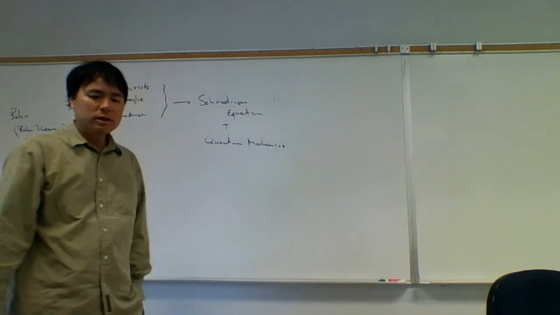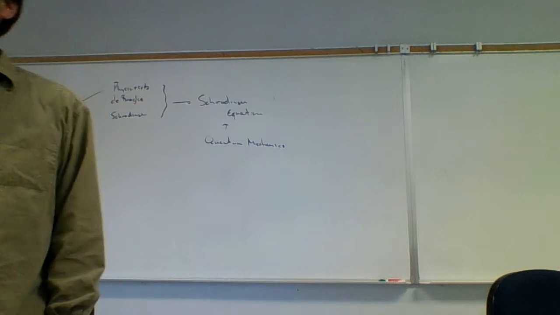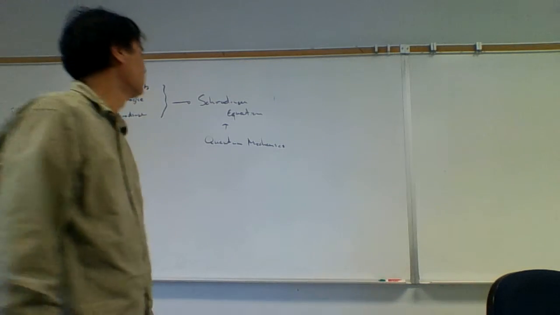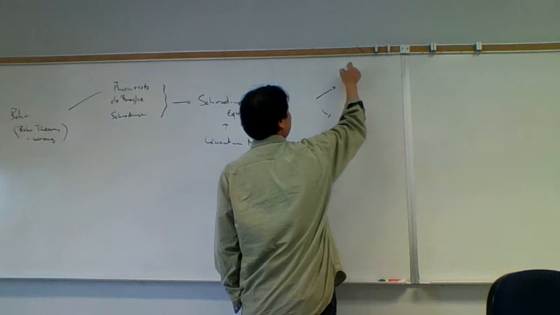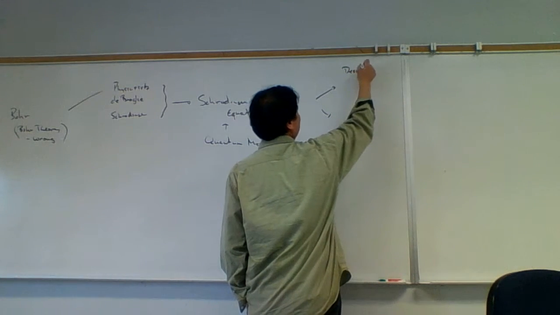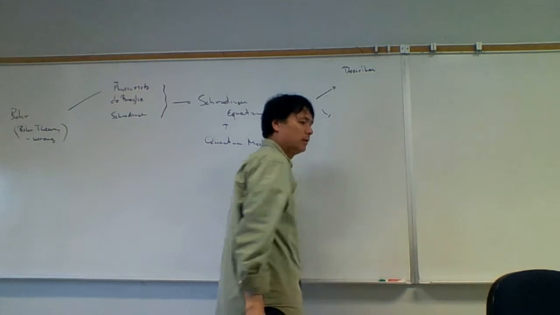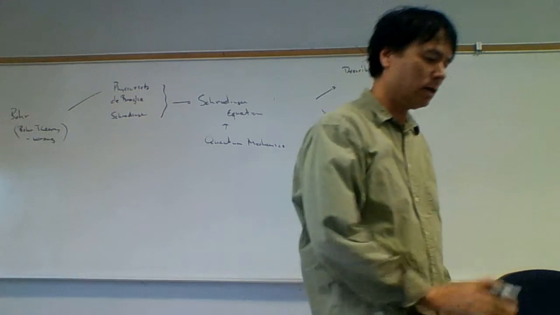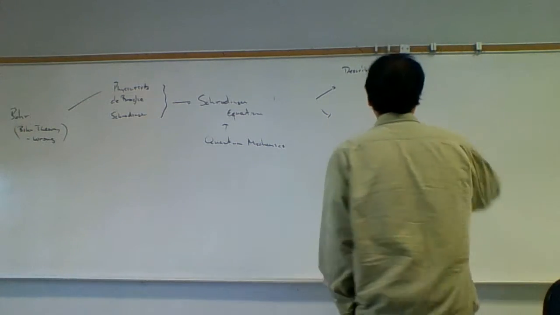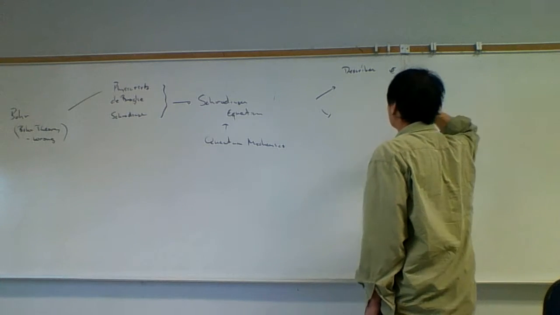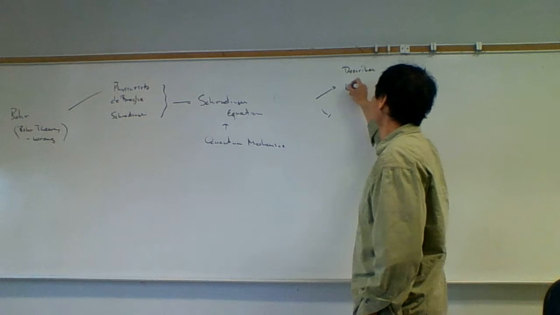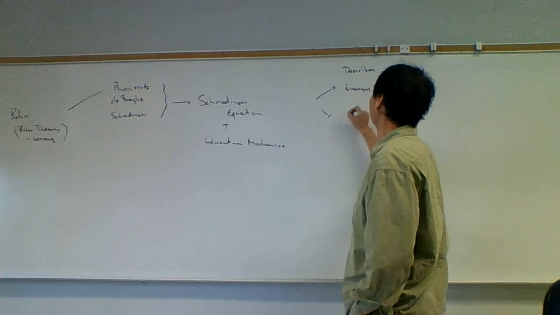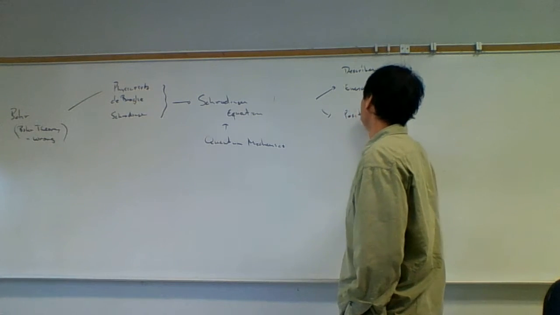The Schrödinger equation is going to tell us what's going on with the electron, in other words, it describes the electron as completely as you can. Describing the electron is very tricky, though. We want to know the energy, and we want to know where the electron is, its position.